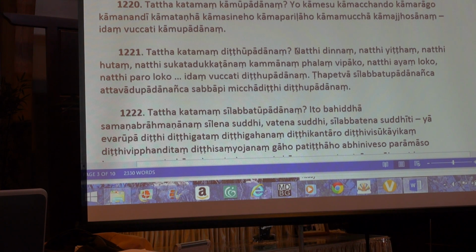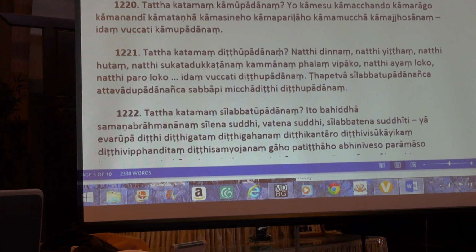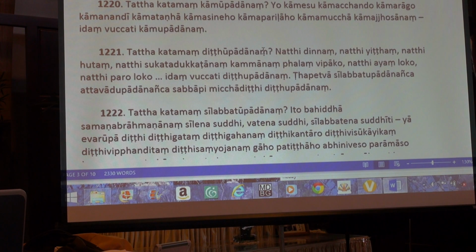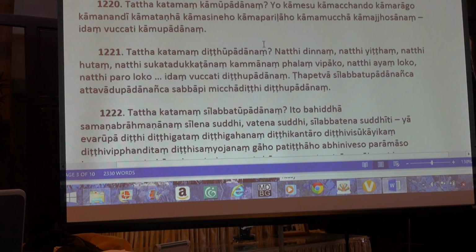Here a particular view is given, which is the view that denies that there's any kind of distinction between good and bad deeds, meritorious karma and unwholesome karma. So this is the view that there's nothing given, no practice of charity, no merit in making offerings, no result of good and bad deeds, that this world doesn't exist, the other world doesn't exist. So this is the example of clinging to views.